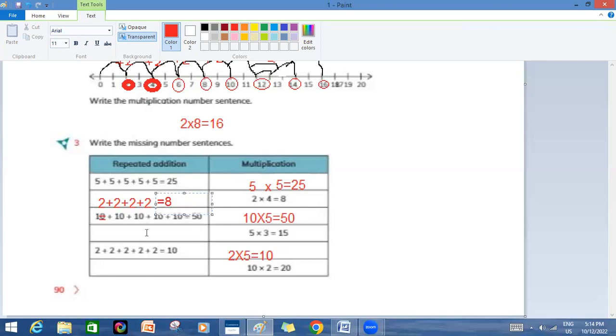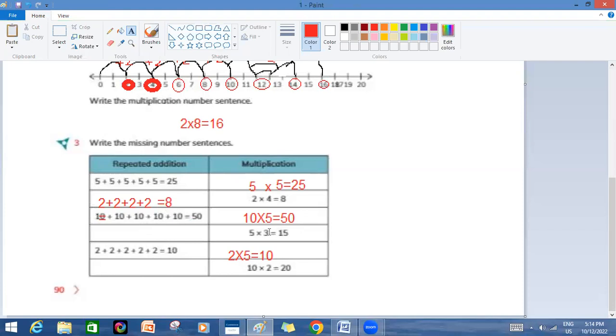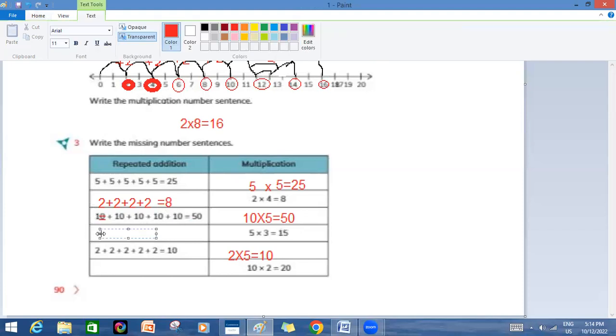Okay. Now here 5 multiplied by 3 equals 15. So we are going to add 5. How many times? Here you can see in the question 3 times. So 5 plus 5 plus 5 equals, sorry, not 25, 15.